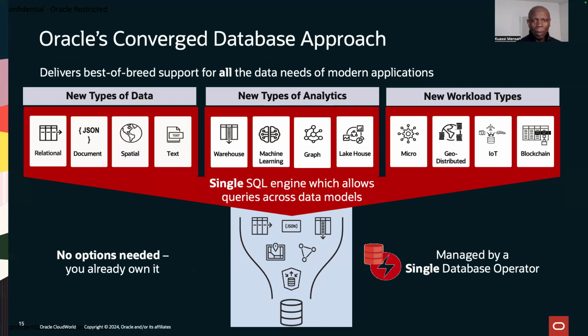For example, relational, Oracle is well known for relational. Well, you know that for a while we have been supporting JSON natively, spatial also natively, text, and different types of analytics such as warehouse, graph, etc., and new workload types such as microservices, IoT, blockchain, etc.